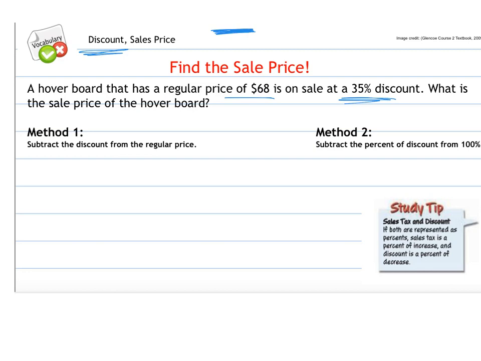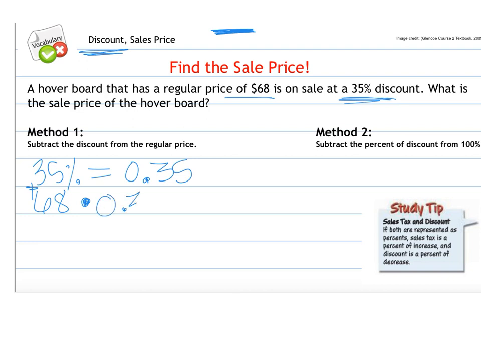The first method is going to start out similar to sales tax. We're going to take our percent and change it to a decimal. Then we take our price, $68, and find out what is 35% of $68, which would tell us how much of the price is going to be taken away.